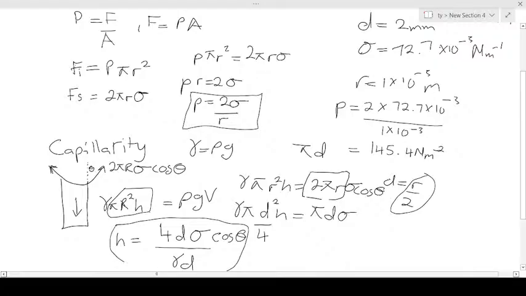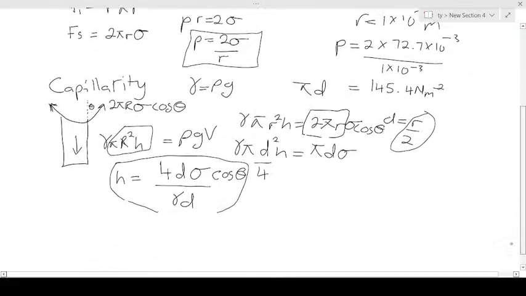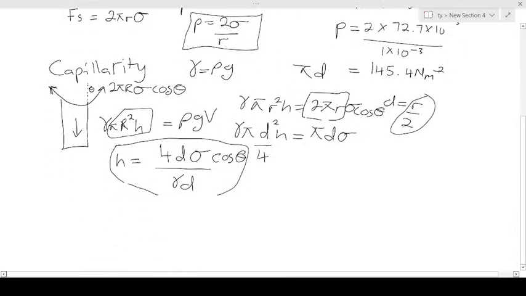This is your formula for capillarity, where H is capillary rise. Your sigma is your surface tension.